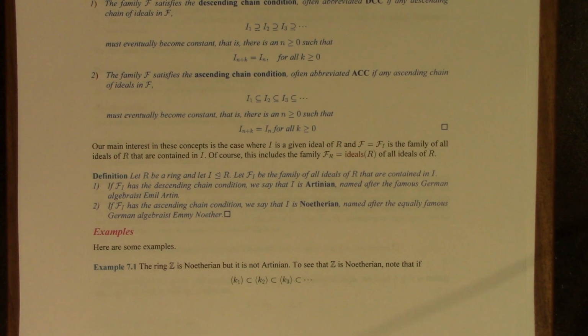If the family has the ascending chain condition, we say that I is Noetherian, named after an equally famous German algebraist, Emmy Noether. A very interesting lady. You might want to Google her name, and you'll see some interesting things.